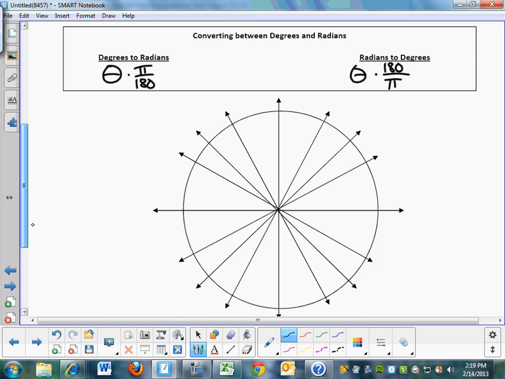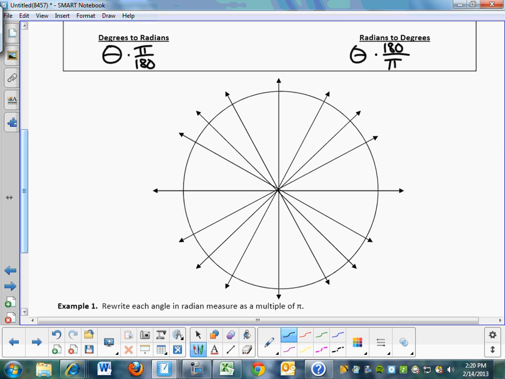Okay. Let's try to quickly construct all the values that we know. Let's do degrees first. This is 0. What's the next one that we always talked about? 30.